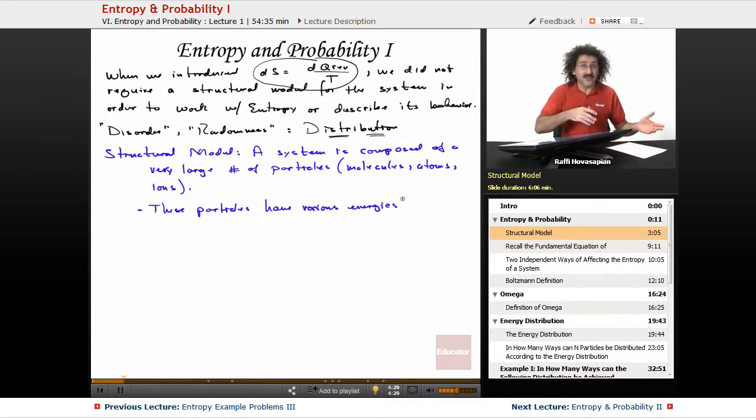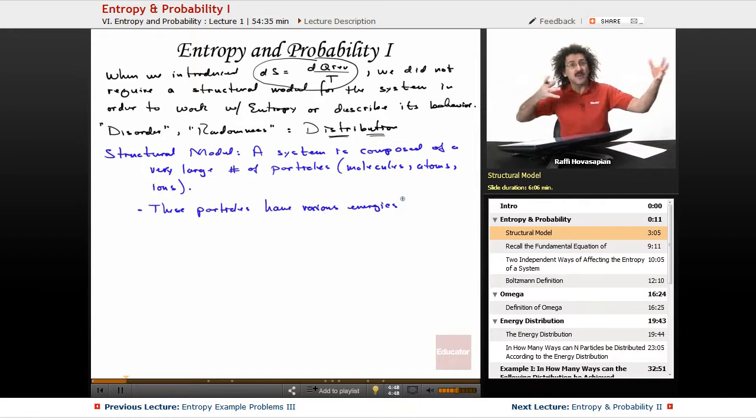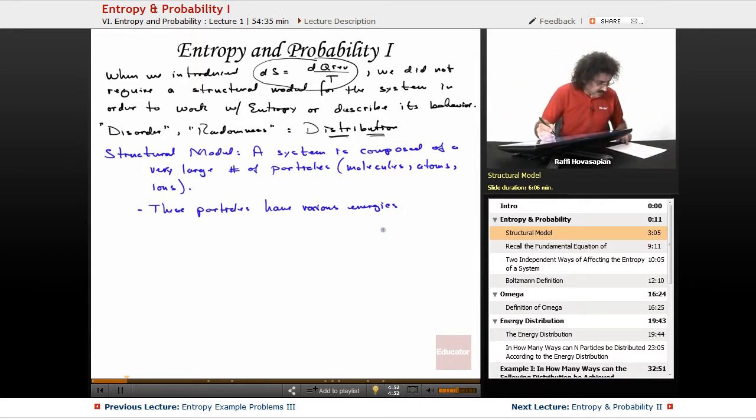Some are going faster, some are going slower. There is a large number of them that have the same energy. There might be 10 million of them traveling at 500 kilometers per hour. There might be 20 million of them traveling at 550 kilometers per hour. So all the energy is distributed among the different numbers of particles.